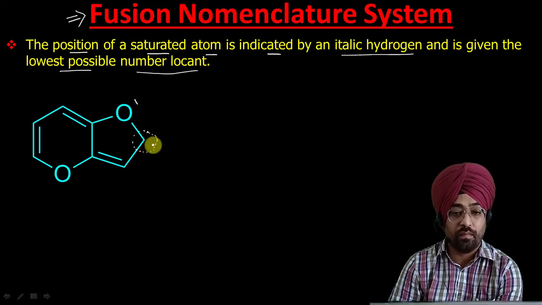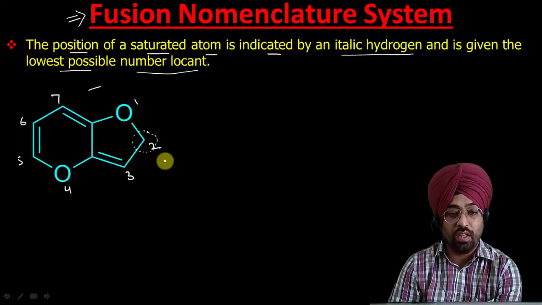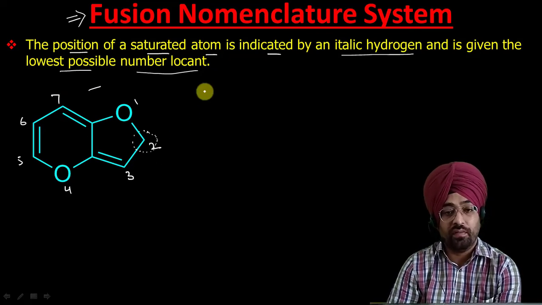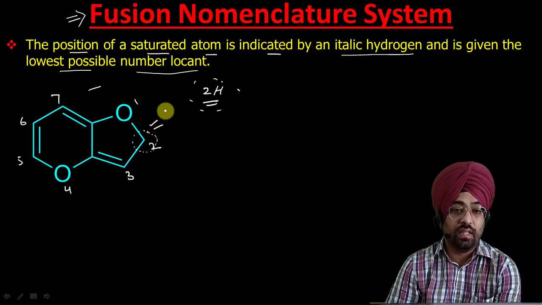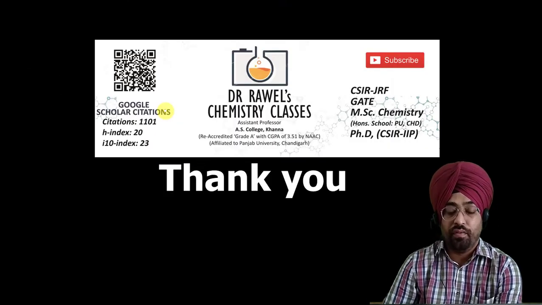So 1 2 3, we will not number this as it is a carbon, 4 5 6 7. So that's how you can number this molecule. And when you write its name, you have to specify 2H before the name to indicate that it is a saturated center. So that is how you can number these fused heterocycles.